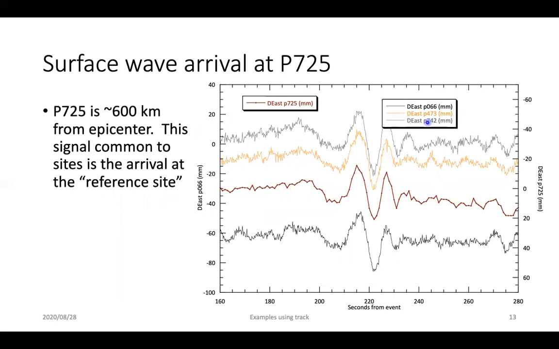For comparison, we show a zoom of that motion at the sites that we just saw about 220 seconds after the event. And in red, we see the motion of P725, our reference site, at 1 Hertz rate compared to the site in the Central Valley of California.